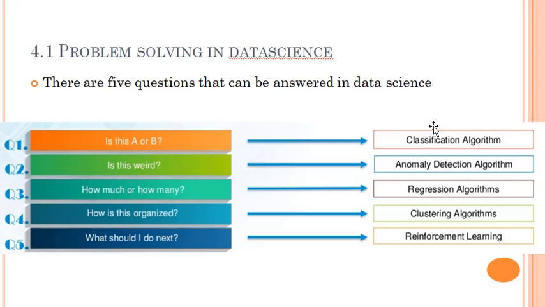It can happen that a certain instance could be very different from the other instances, and that different instance could be an anomaly, right? So the second question relates to the anomaly detection algorithm, in which we have certain types of data, but some other data is differing from the rest of the data.